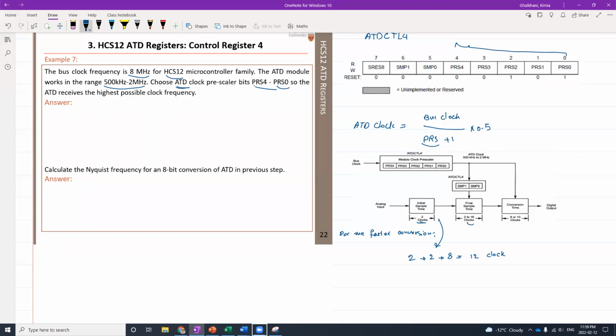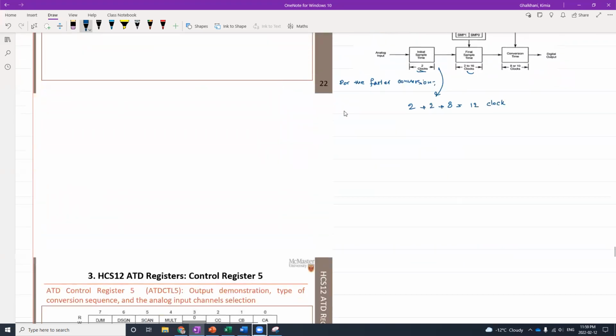How about the highest frequency? For the highest frequency of the analog to digital, that will be at 2 megahertz, like what you have in here. Then the pre-scaler, you can calculate it like this. The pre-scaler is going to be 8 megahertz over that 2 megahertz, right?